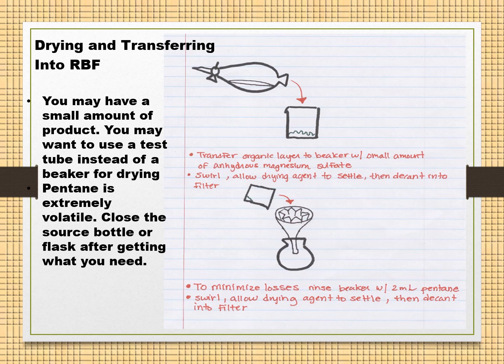You do the filtration so that you can isolate the dehydrating agent, and try to do that with fluted filter paper. And again, there is a concern about the yield. So when you do the filtration, try also to rinse the beaker with 2 milliliters of pentane so that you can maximize your yield.